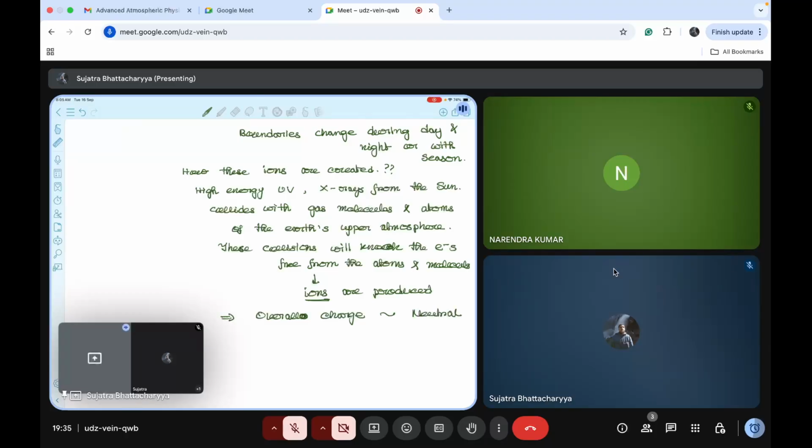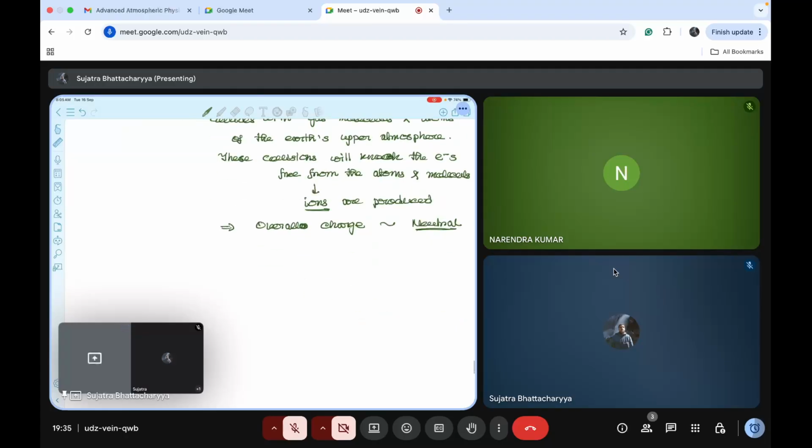Although electrons are created and ions are created, if you look at the charge per unit area or the charge over a volume, you will see that the overall charge is almost neutral. It does not say that it is completely positive or completely negative. Because electrons are also created, those combined together give you a neutral kind of atmosphere. Okay.